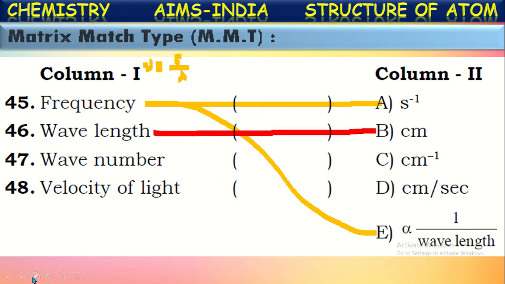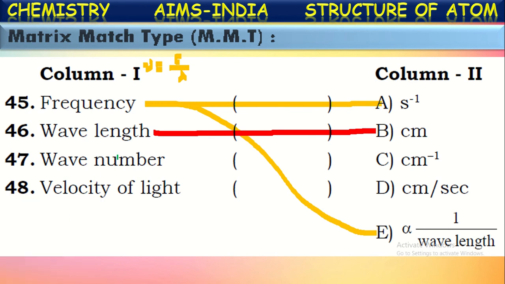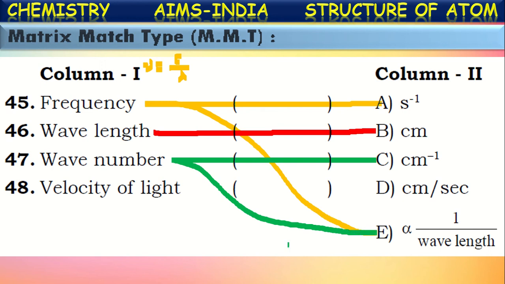Okay, that's the matching for wavelength. Next one, wave number. Wave number is defined as the reciprocal of wavelength. So its units will be centimeter inverse. And as it is reciprocal to wavelength, it is inversely proportional to wavelength also.